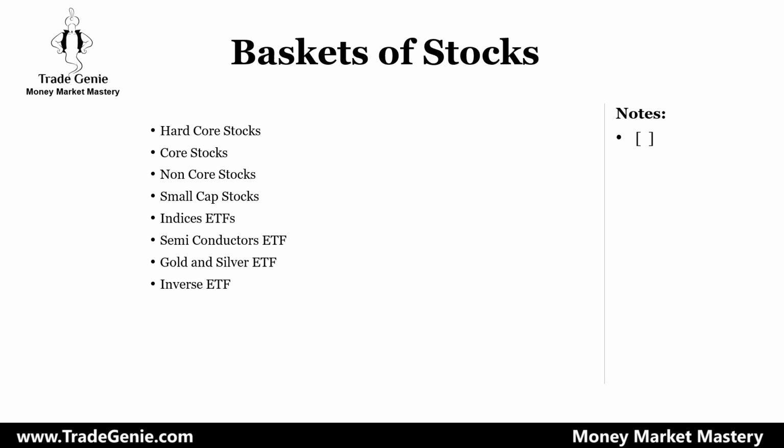If you have a trading system, you can apply it on this basket of stocks, and the trading system tells you the kind of chart you're looking for, and you select that symbol.